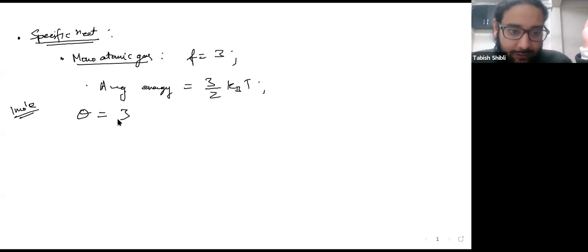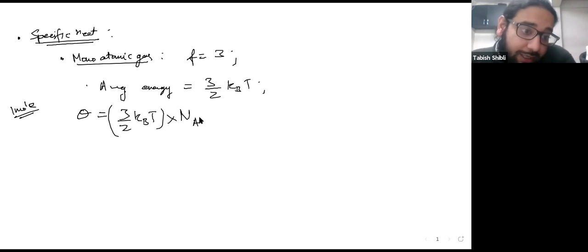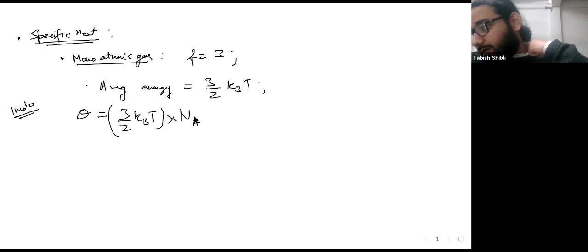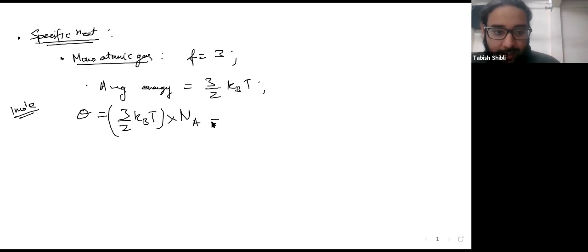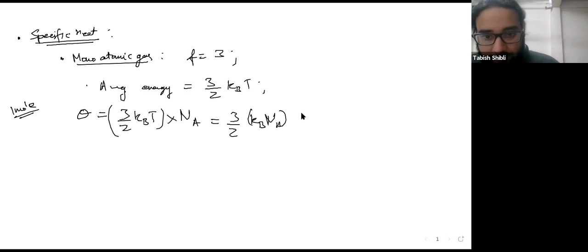Well, that's just 3 by 2 kBT for one molecule, multiplied by the total number of molecules. If you're talking about 1 mole, that's just Avogadro's number. So this is equal to 3 by 2 kB multiplied by NA multiplied by T. And kB multiplied by NA, in the last class we figured out, is just R, the gas constant.